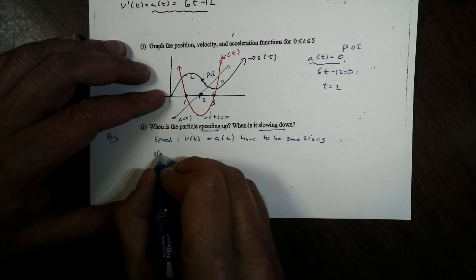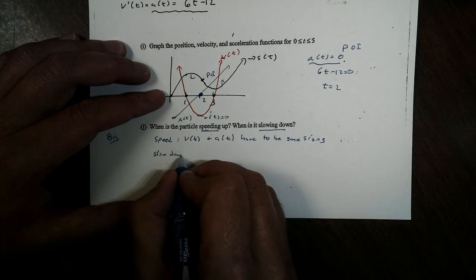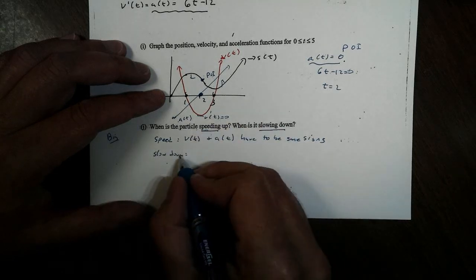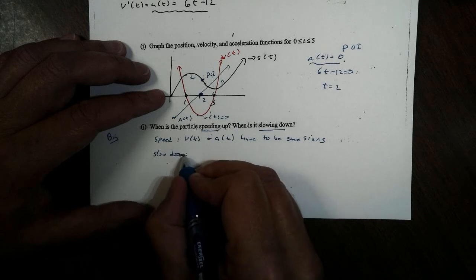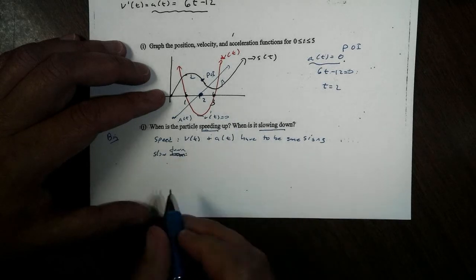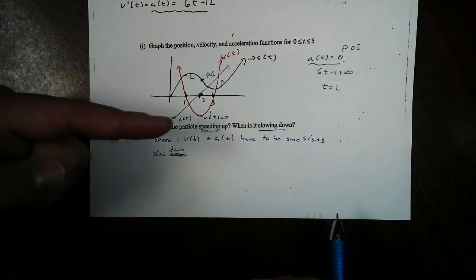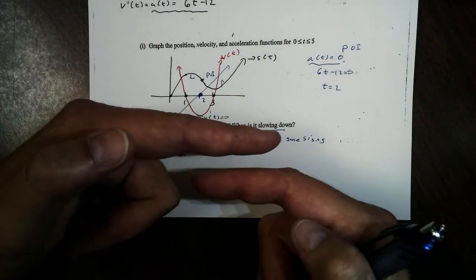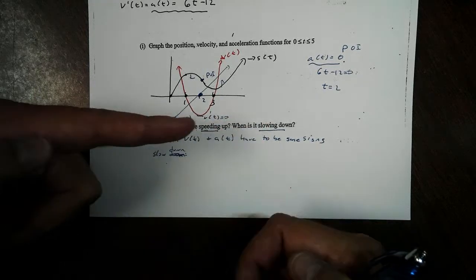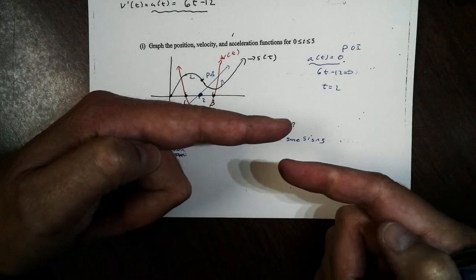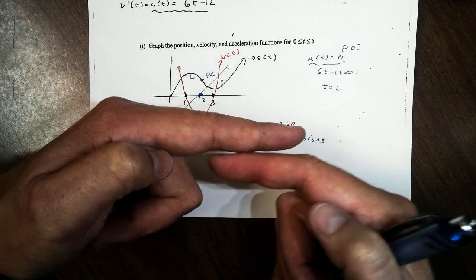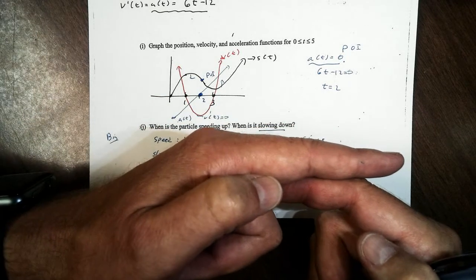To slow down, you step on the brake. If you're going forward, your brake acts as a decelerator. So you're still going forward, but the acceleration is now going the opposite direction, so it slows you down.